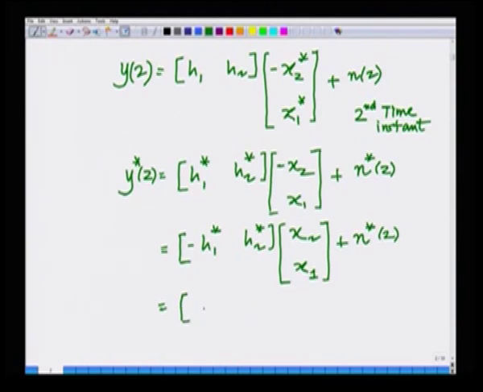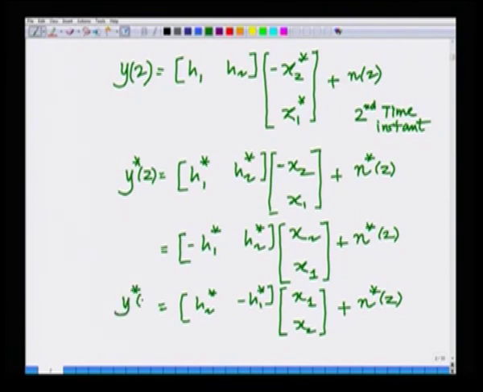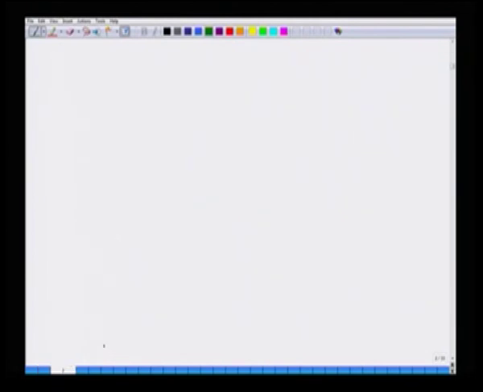Now, instead of having x2 x1, I can reverse the order of these symbols. Remember, this is not reversing the transmission, but simply reversing the mathematical order of consideration, which means these coefficients get reversed over here. I can replace this as [h2 conjugate, minus h1 conjugate] times [x1, x2] plus n conjugate 2. So, I have reduced the transmission in the second instant to this form, and now I can combine these by stacking y1.